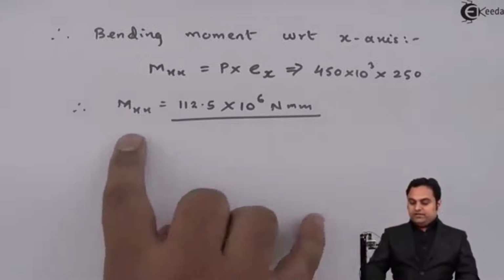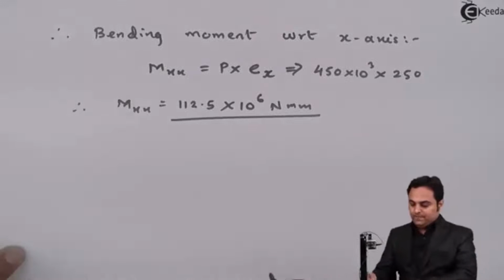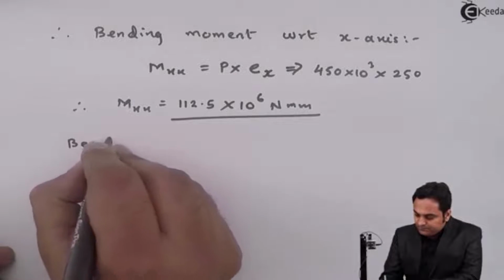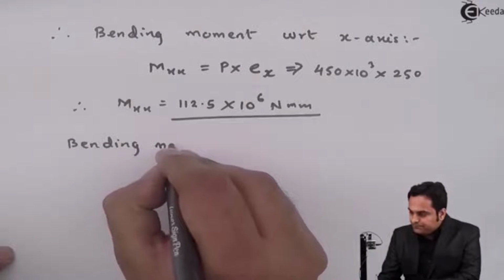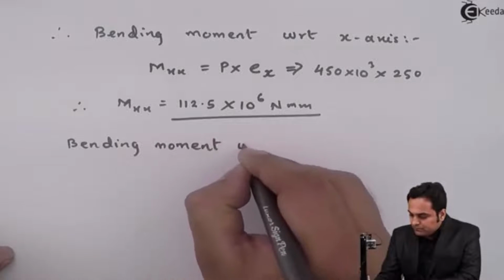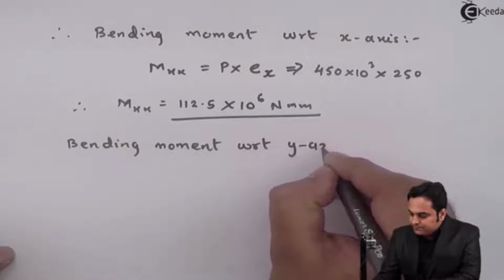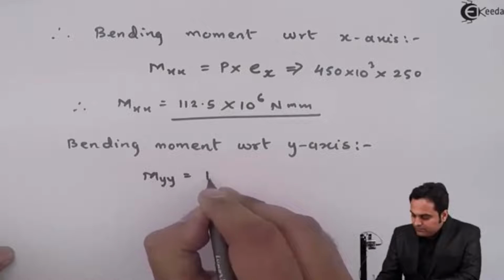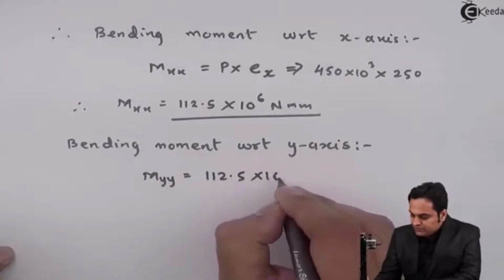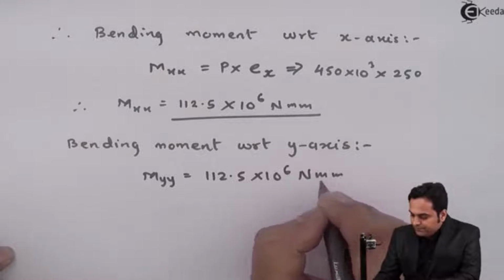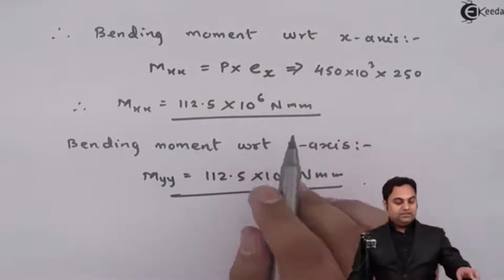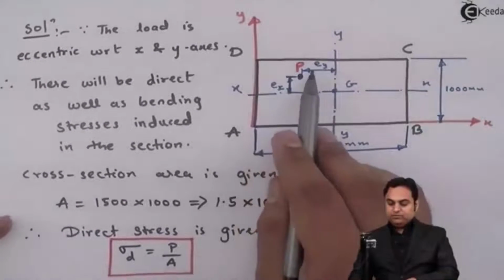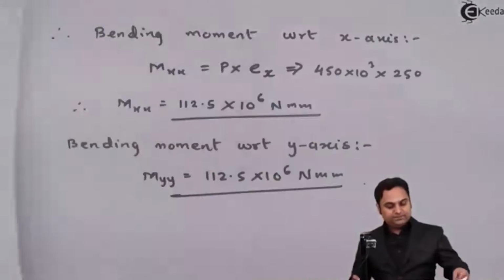So now after getting bending moment at x, I'll say that bending moment with respect to y-axis will be same, 112.5 into 10 raised to 6 Newton mm, because the load is same and even the eccentricity is same. Ex and Ey both are 250 mm, even the load is same.